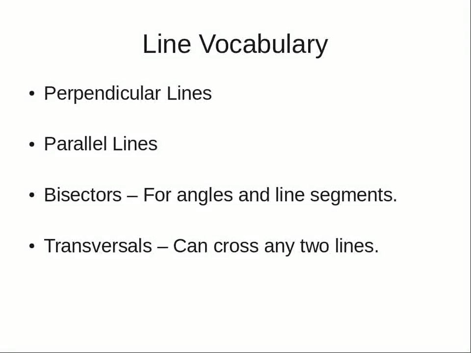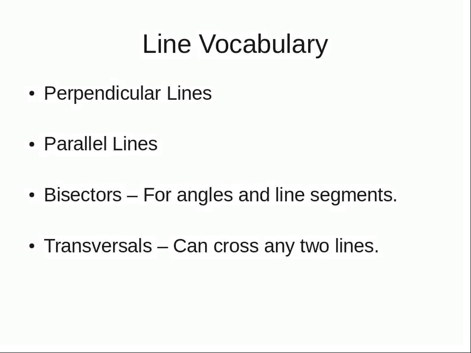Perpendicular lines. These are lines that intersect to form right angles. Parallel lines. These are distinct or different lines that are in the same direction. Okay? They do not intersect. Bisectors. There are 2 types of bisectors.